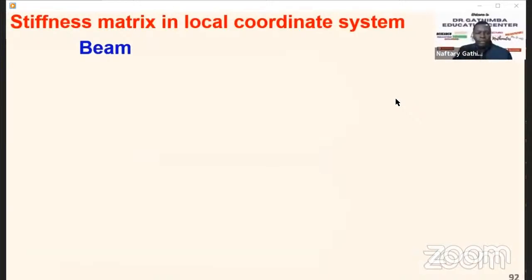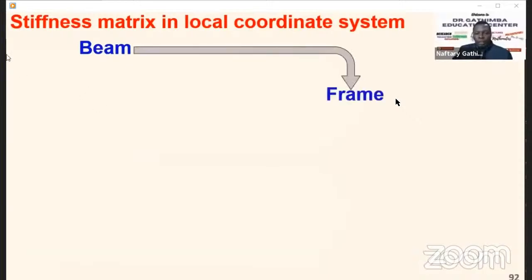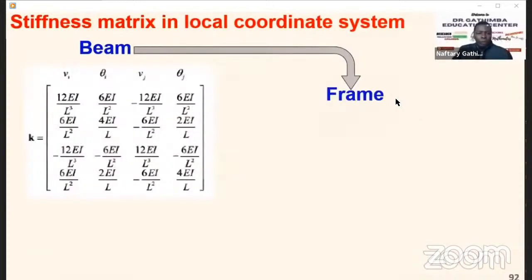So we are transforming from the beam to the frame by orienting the beam in an arbitrary plane. What happens when we transform our beam from the horizontal or local coordinate system to the global to make it a frame? So this is a beam oriented maybe in that direction initially.